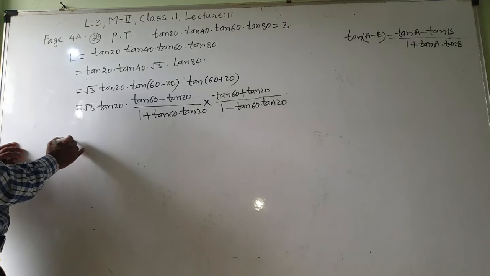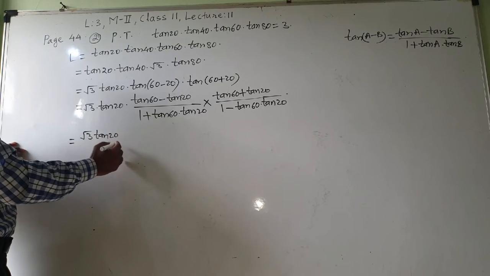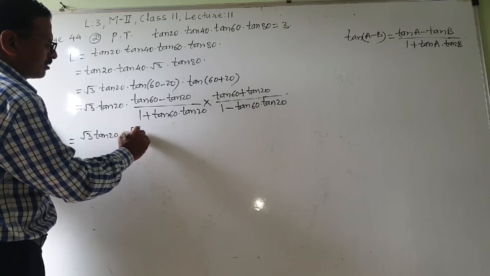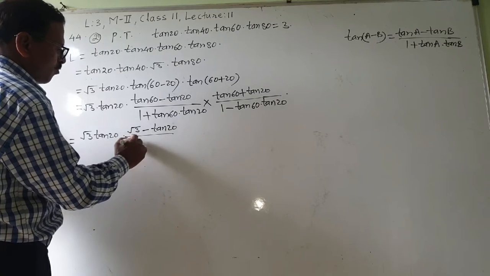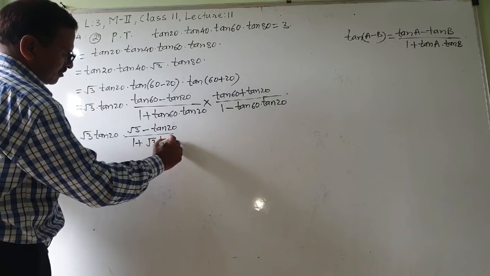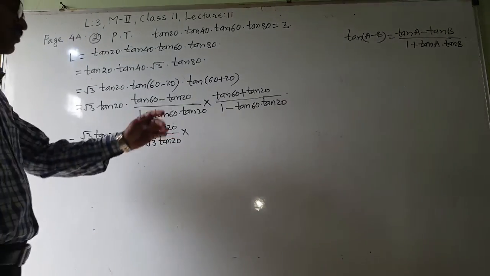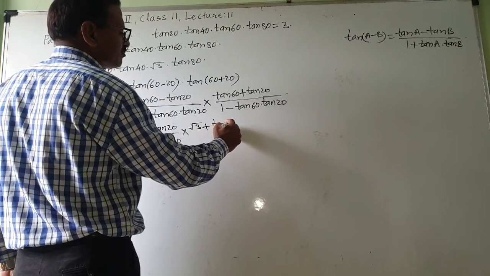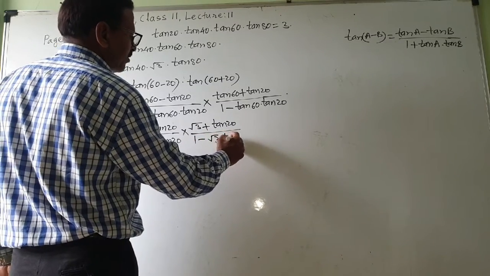So that is equal to root 3 tan 20 into this tan 60, the value is root 3 minus tan 20 upon 1 plus, this is tan 60 means root 3 into tan of 20, into. Purposely I am putting this sign, you can put a dot also. This is root 3 plus tan 20 upon 1 minus root 3 into tan 20.